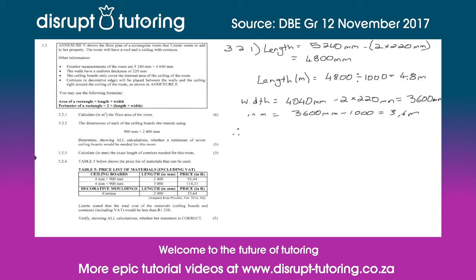Then, using the formula that they've given us for the area of a rectangle, which is length times breadth, we have area equals length times breadth, which will equal those two values that we've calculated, 4,8 meters multiplied by 3,6 meters, which comes to a floor plan area of 17,28 meters squared.